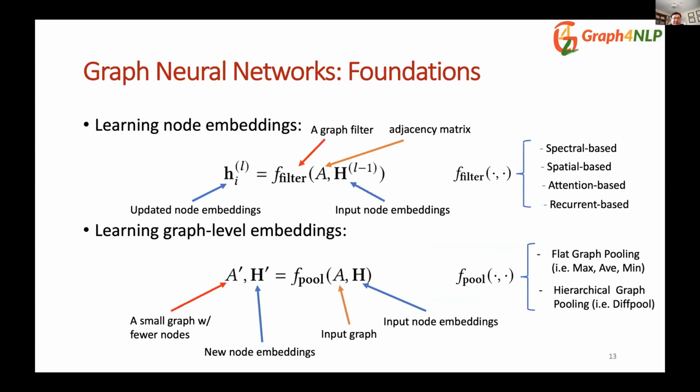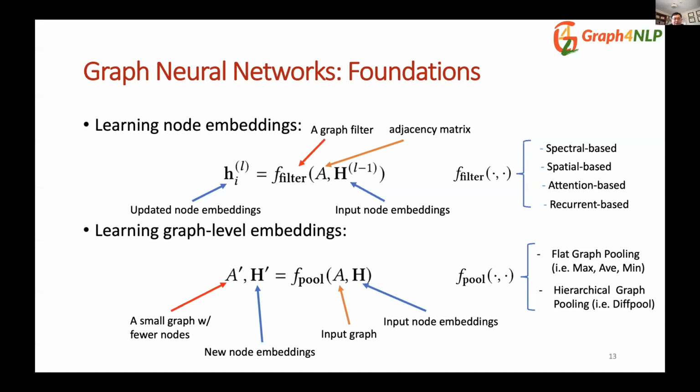Depending on the type of graph filtering operation, which really differentiates the different types of graph neural methods, we can generally cover them in different groups: the spatial-based method, the attention-based method, and the recurrent-based method. However, the graph filtering operation doesn't really change the graph structure.